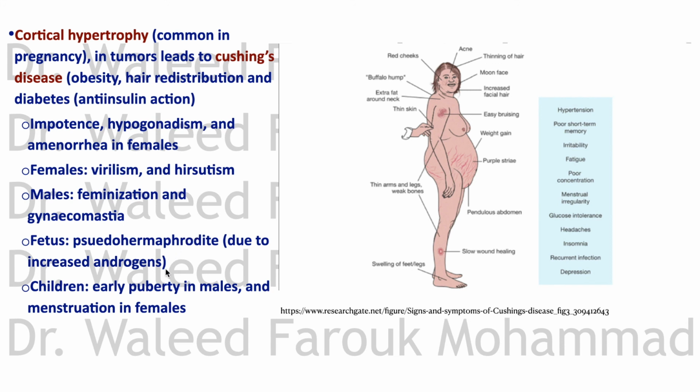Now, in children, there will be early puberty in males and early menstruation in females that may start at 5 or 6 years, by the way, if there is something wrong with the adrenal cortex on the hypertrophy side, not the atrophy side.